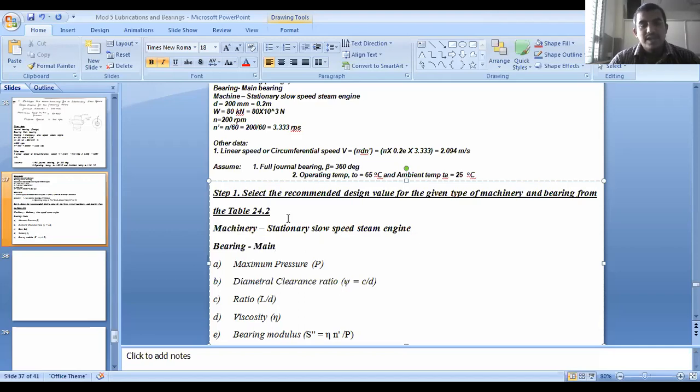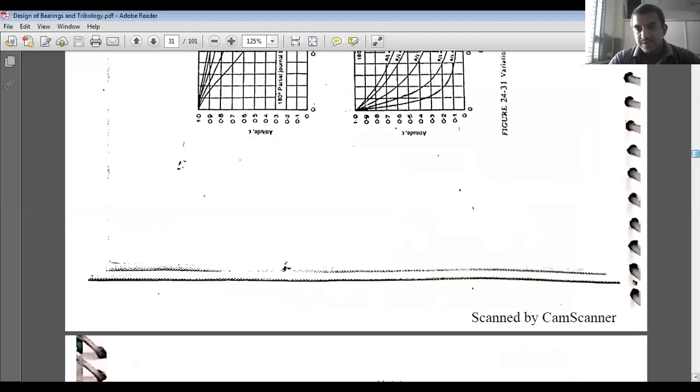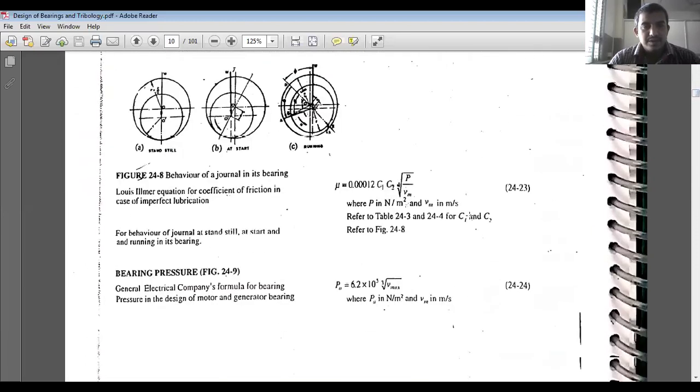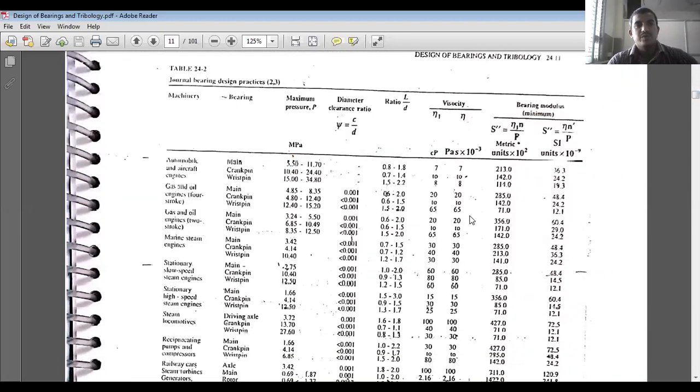Now we'll go to table 24.2, general bearing design practice. The type of machinery is given: automobile, gas and oil, marine steam engine, stationary slow speed engine. In this, which bearing?